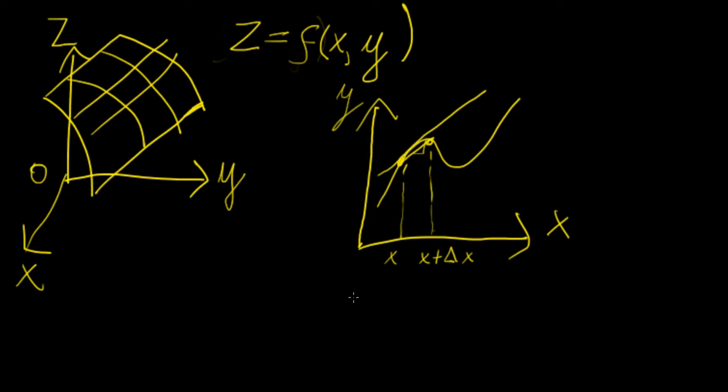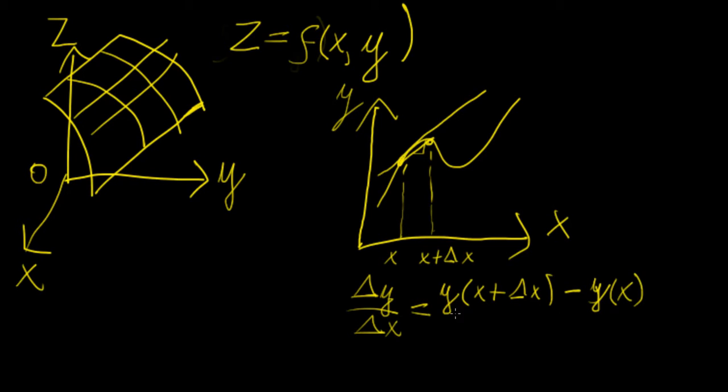So if we take delta y over delta x, that is essentially going to be the value of function y of x plus delta x minus y evaluated at x over the change in x, so that's going to be delta x.